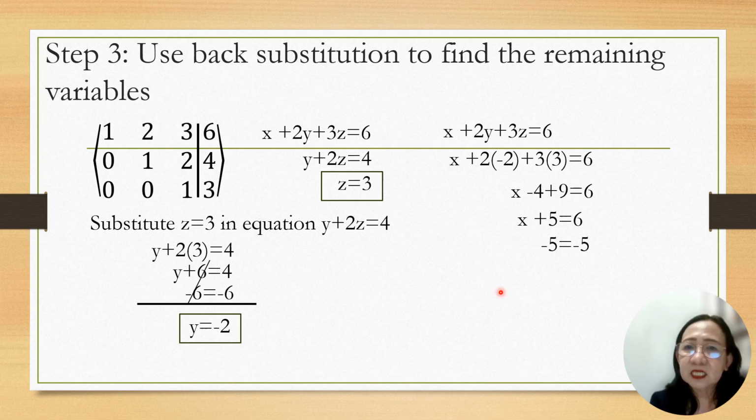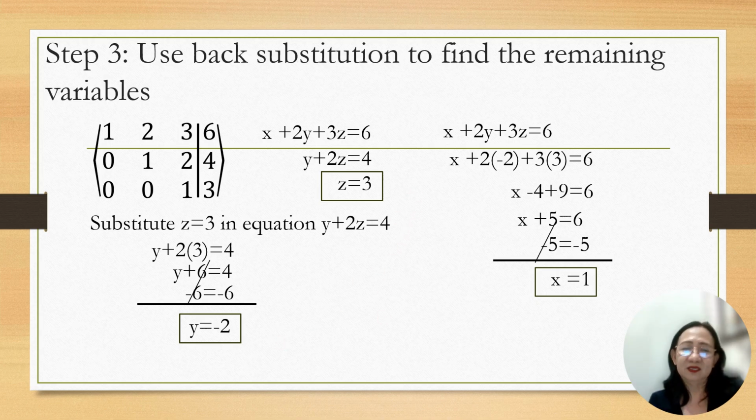And then, let us add both sides by the opposite, which is a negative 5. Then, that is now equivalent to 0. So, the value of x is 6 plus negative 5, that is 1. So we arrive now at x is equal to 1, y is negative 2, and z is 3.